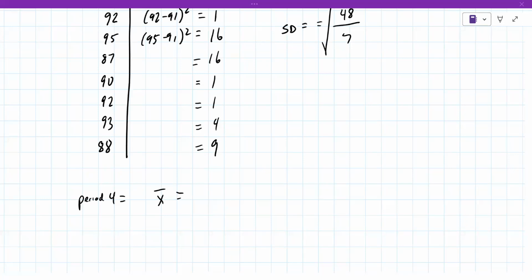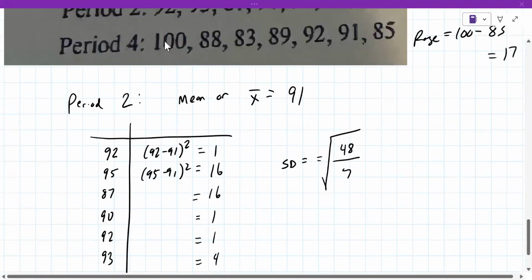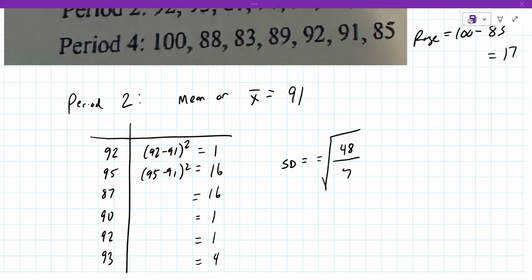I got 87.7, or sorry, 89.7. The data was 100, 88, 83, 89, 92, 91, 85. Is that right? Yeah.